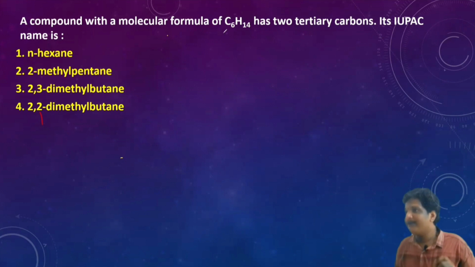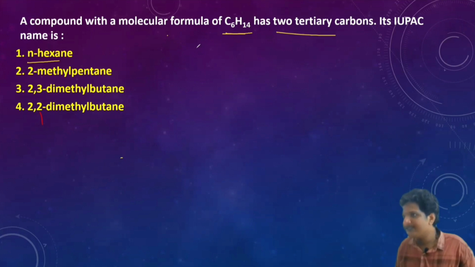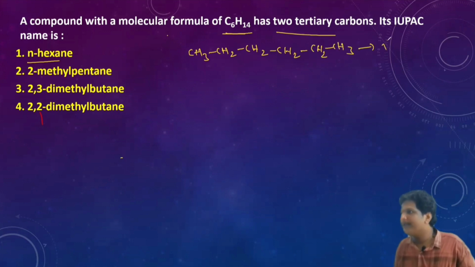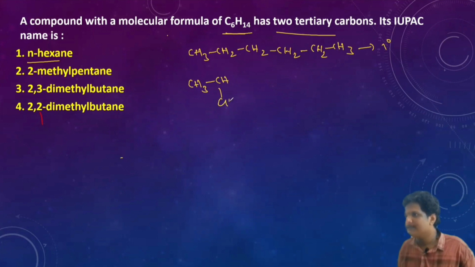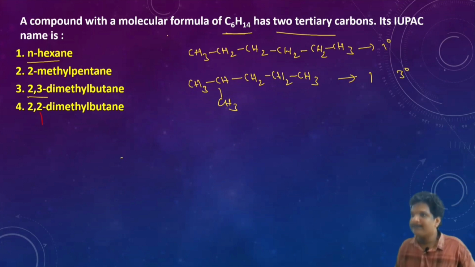Find this out. N-hexane is CH3, CH2, CH2, CH2, CH2, CH3, so all the carbons are primary carbons. 2-methyl pentane is CH3, CH, CH3, CH2, CH2, CH3, which has a total of 1 tertiary carbon. Next one is 2,3 dimethyl butane.